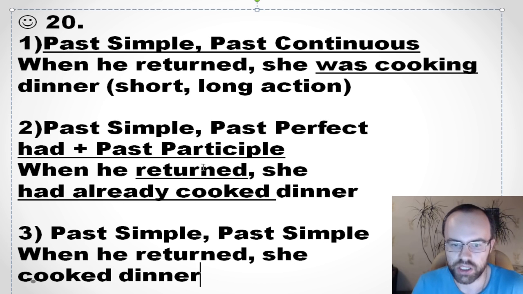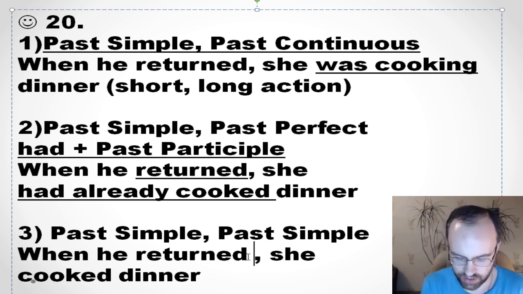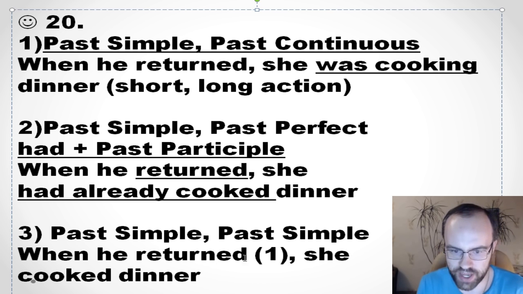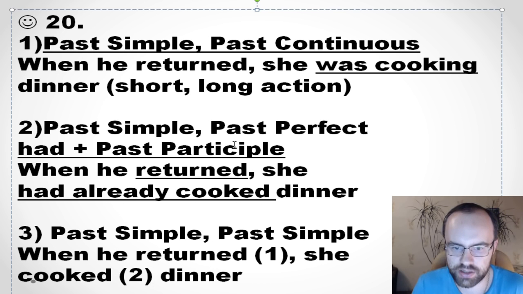Look, if you see it, it means first he returned and then she cooked, or first he returned and after that she cooked. So you see, it's the first action and it's the second action, right?